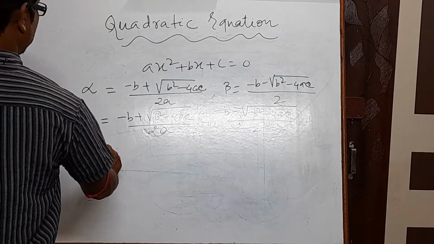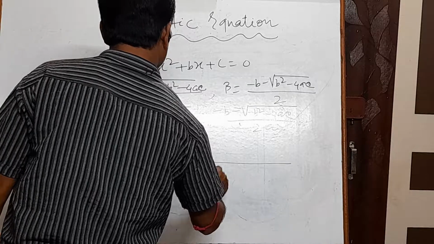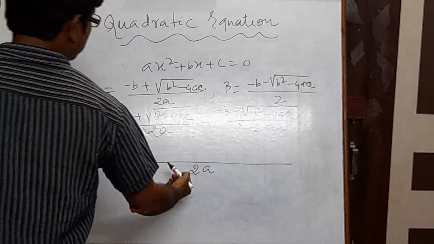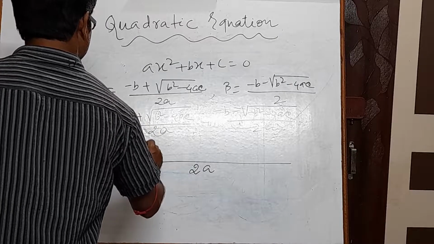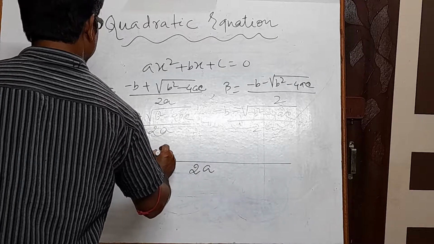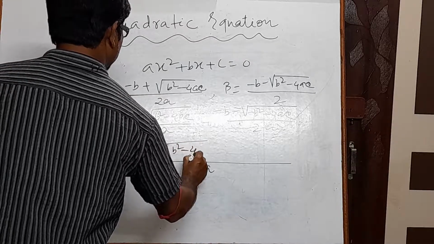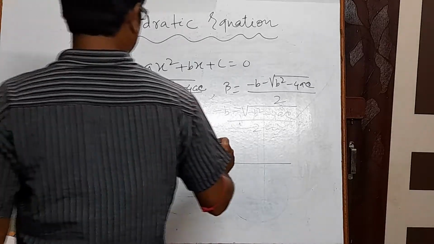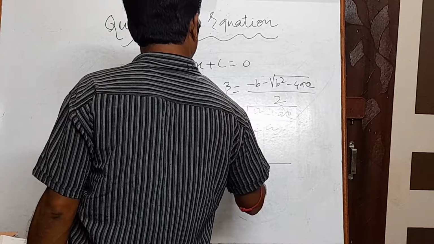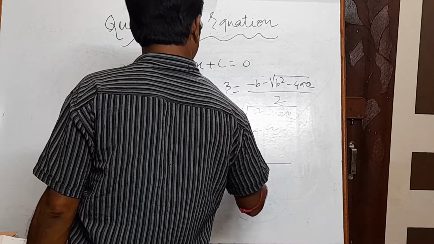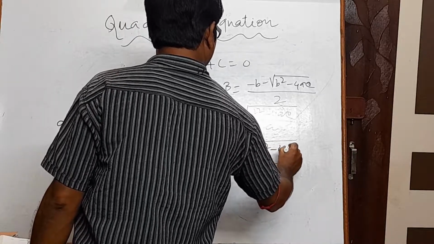Now see, what will be the LCM? 2a, 2a. LCM will be 2a. So 2a divided by 2a is 1 and multiplied by the numerator will be minus b plus under root b square minus 4ac, and minus b minus under root b square minus 4ac.